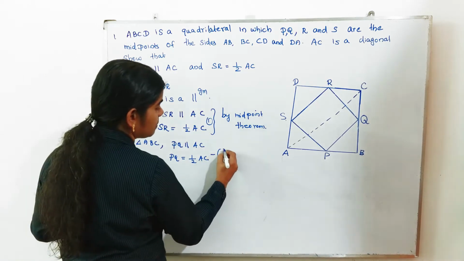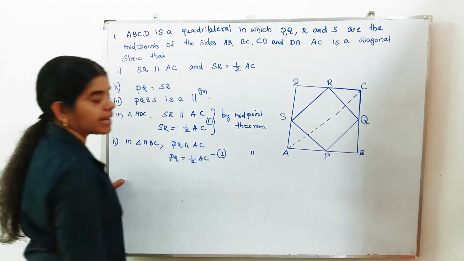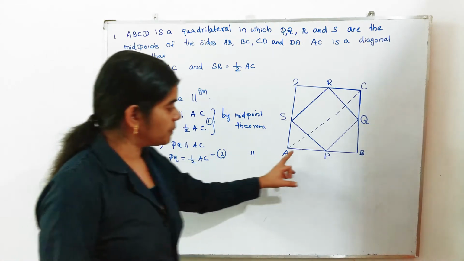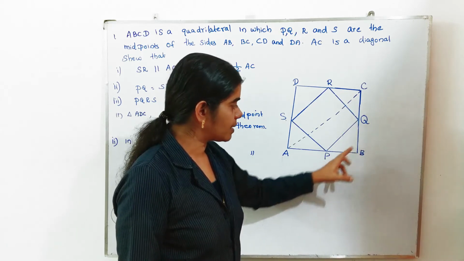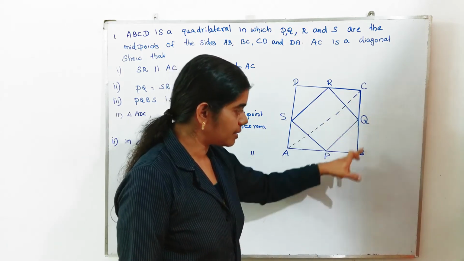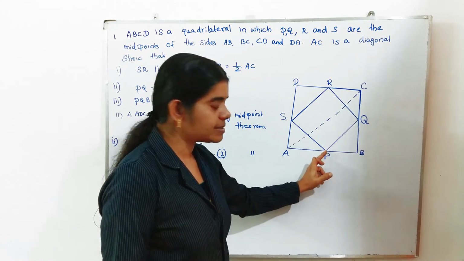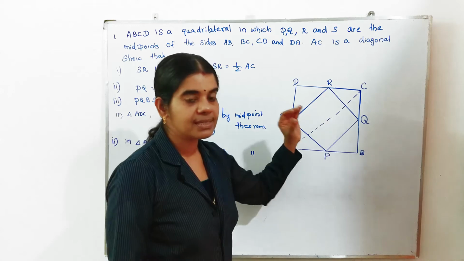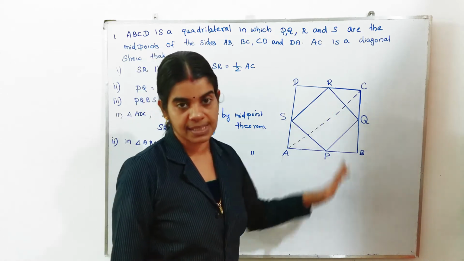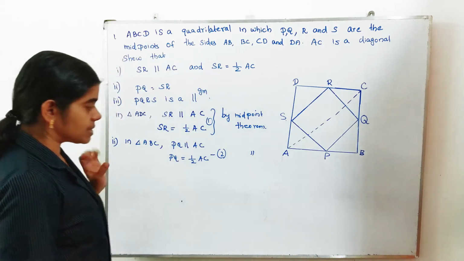That is equation number 2. The same reason, by the midpoint theorem. In triangle ABC, P and Q are the midpoints of the sides AB and BC, and we are joining this line. This line will be parallel to the third side AC and its length will be half of AC.